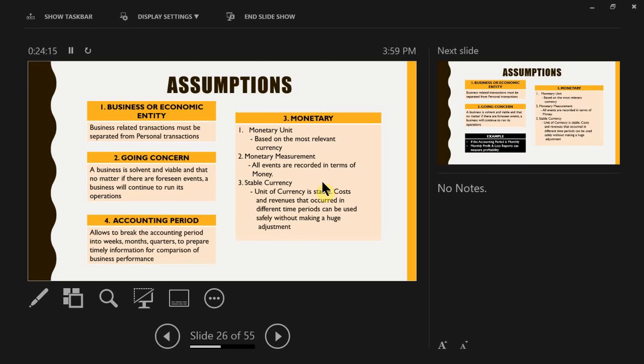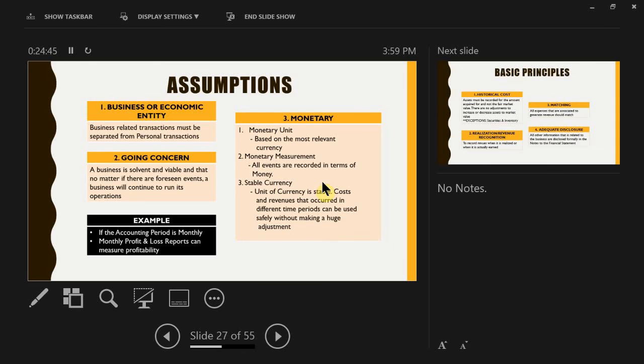Then last but not least, our last assumption here is going to be the accounting period. So in this case, the United States GAAP allows us to break our accounting period into sections to do projections or to compare our profits.